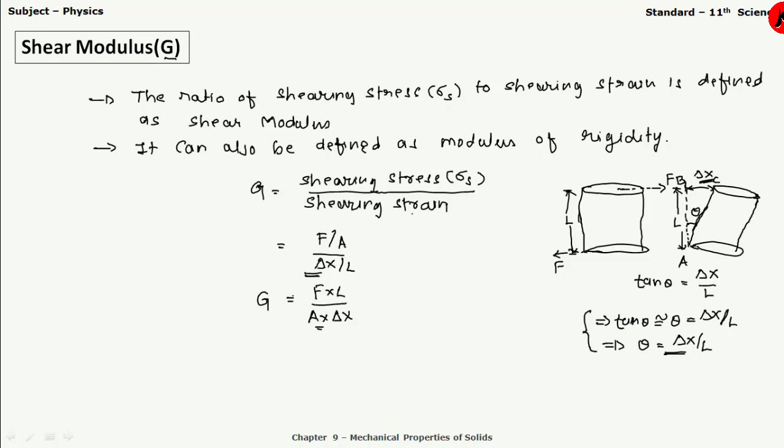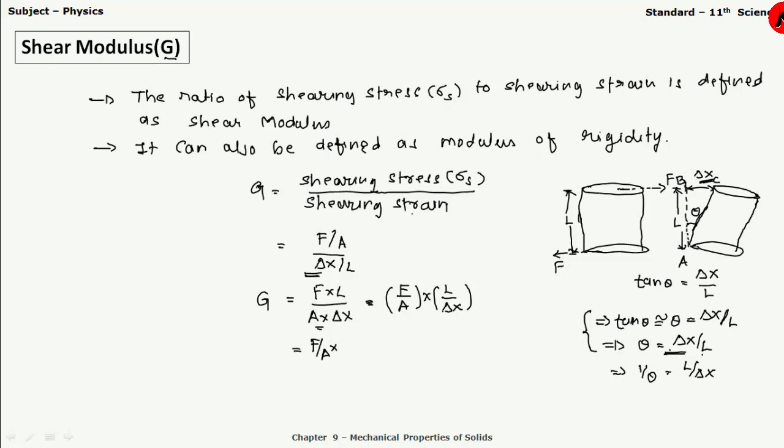Now I can also write the equation of shear modulus in a different form. How can I write? Let us consider F by A into L by delta x. Clear? I have just simplified this equation, right? We know theta equal to delta x by L, and from this 1 by theta is equal to L by delta x.